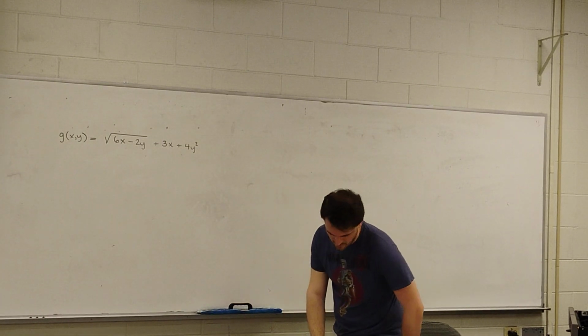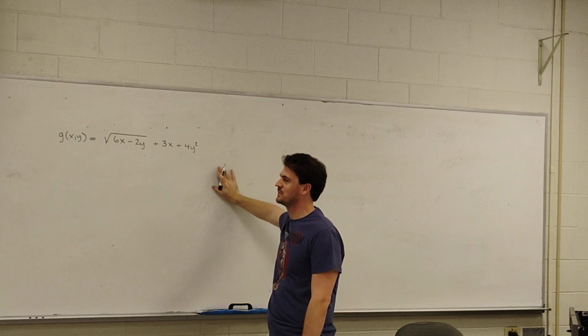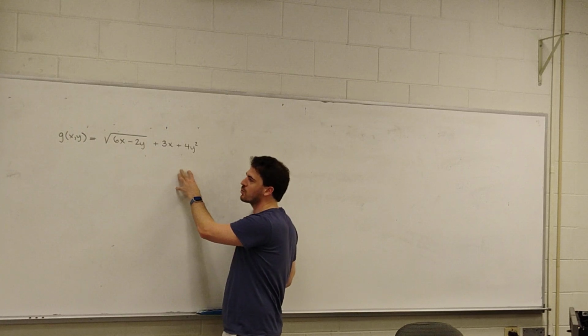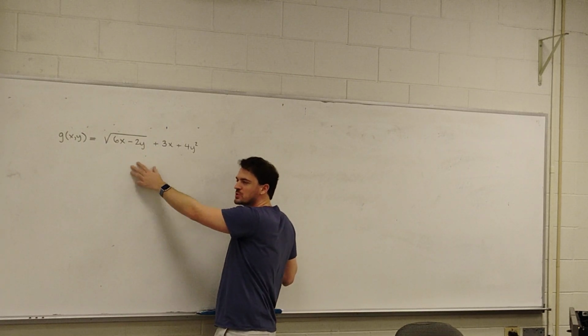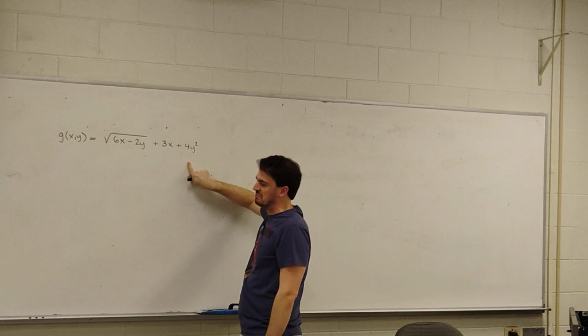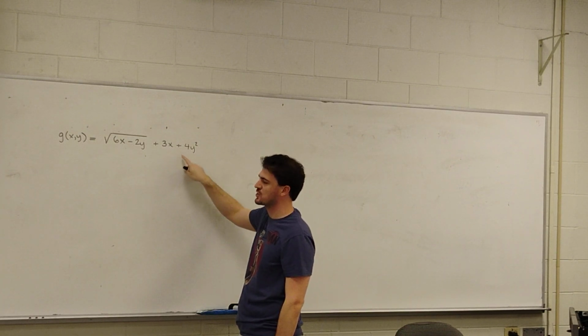So I've got g of x comma y equals a whole bunch of business. Just like we did in Calc 1, we always say, okay, well, square roots cause issues for us, but these don't. You can just ignore them. There are no values of x and y that make this go wrong.